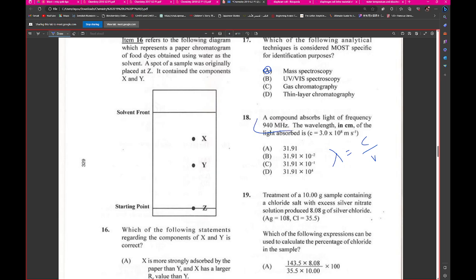And it is megahertz here, so we're going to have to times it by a million to get the answer. So we times it by a million and divide the speed of light by it. We can just use indices to be very honest, but you know, times it by a million. You could use your index form, or if you want to change it into a logarithm, I'm just joking. But you should be fine there. So get it to your index form if you want, and then divide the speed of light by it. What is the answer? A. A should be the answer. All right. So wonderful. Moving.